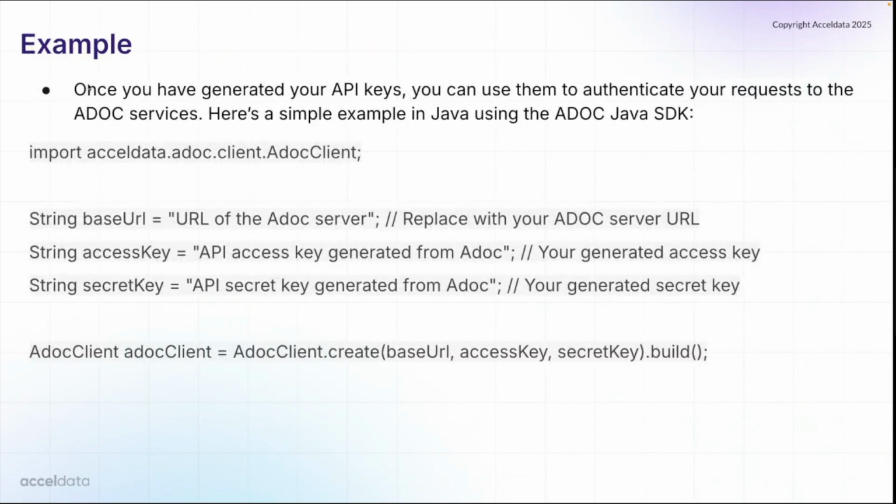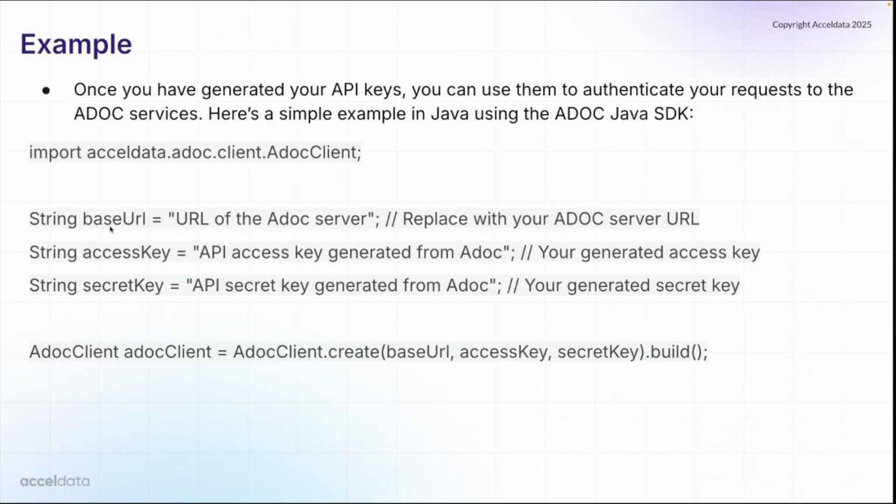This is an example of how you use the API keys, once generated, to authenticate your request. Here is a simple example in Java code, used for any authentication or integration mechanism within the Java SDK, showing how an API key is used.